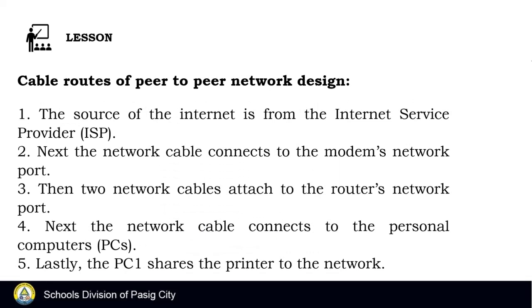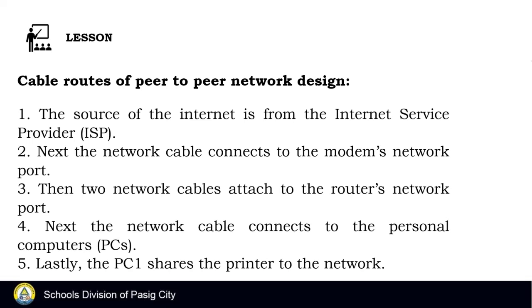Cable routes of peer-to-peer network design. Number 1, the source of the internet is from the internet service provider. Number 2, next, the network cable connects to the modem's network port.